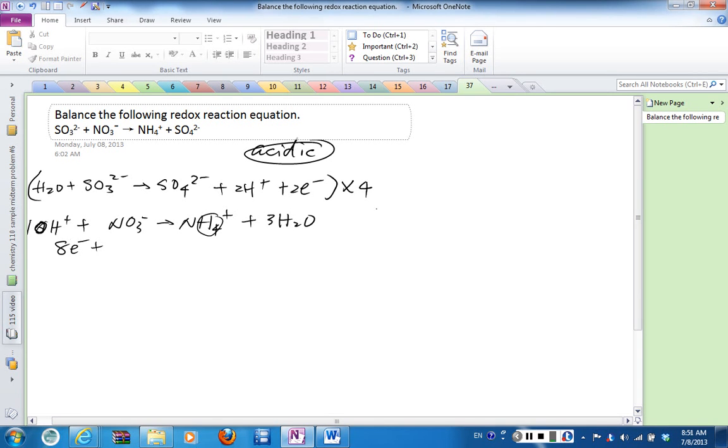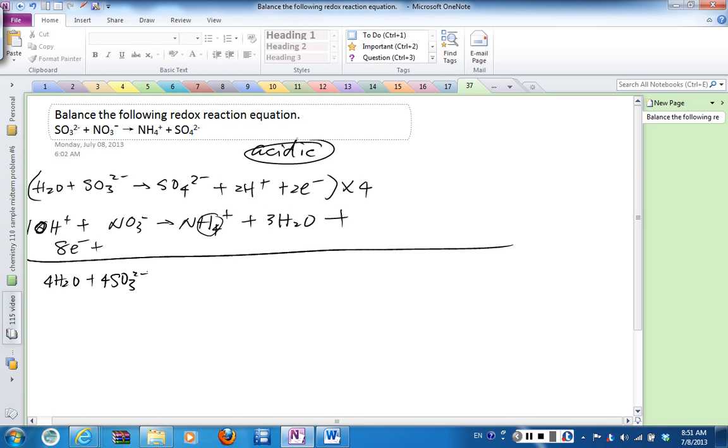And once you do that, add the 2 half reactions together, left side to left side, right side to right side. So 4 H2O, 4 sulfite, and remember the 4 applies to everybody in the first half reaction equation. Plus, let's see the second one, 10 H plus, nitrate, and 8 electrons.